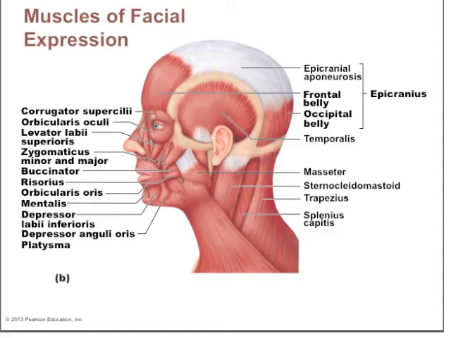The frontalis allows you to raise your eyebrows. The cranial aponeurosis connects the two bellies. There's a frontal belly and an occipital belly. It allows you to pull the scalp forward and backward.